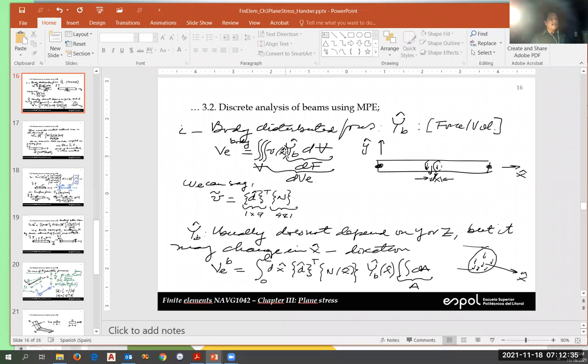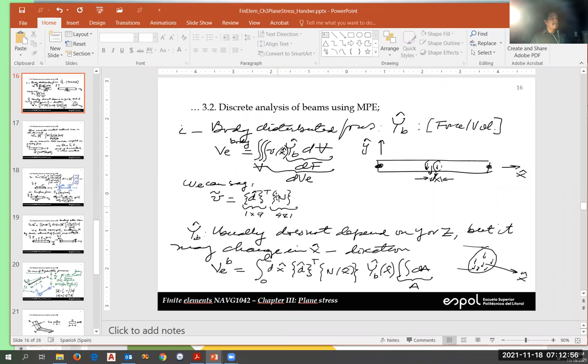This displacement, we take from the assumption that we can interpolate from the joint values. It's just an assumption, because in this case the N vector is a polynomial that we assume.